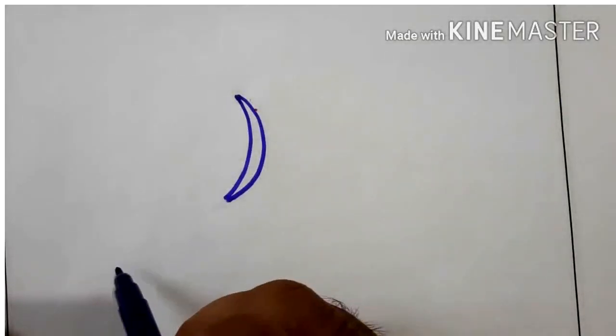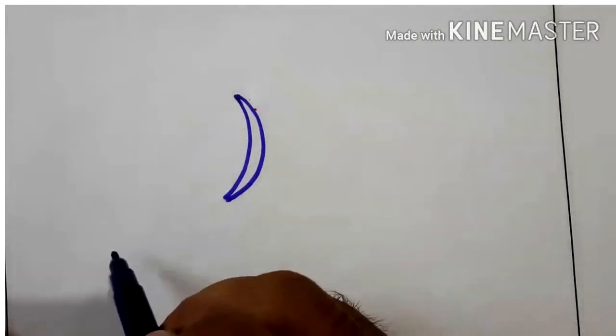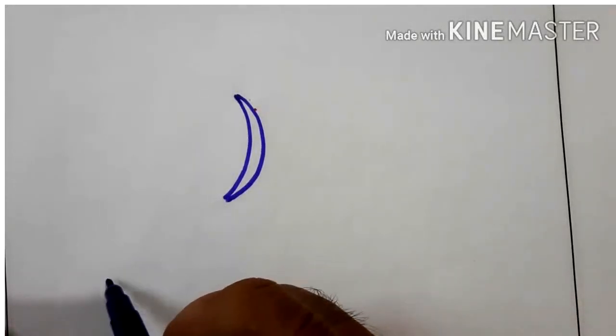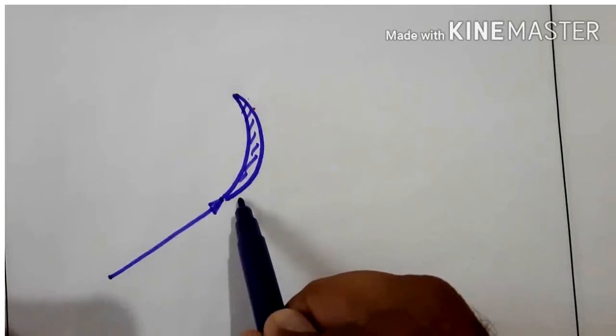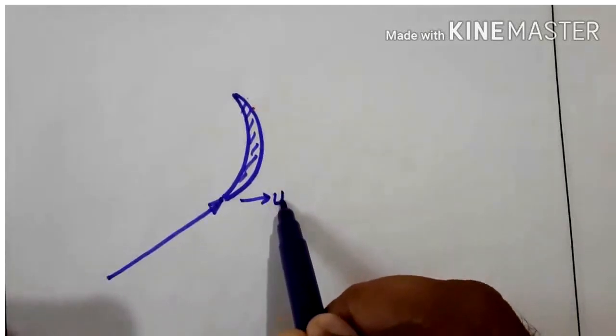So what happens here when the fluid enters the vane? See, this is a jet striking tangentially like this. This is the vane, and the vane starts moving in this direction.